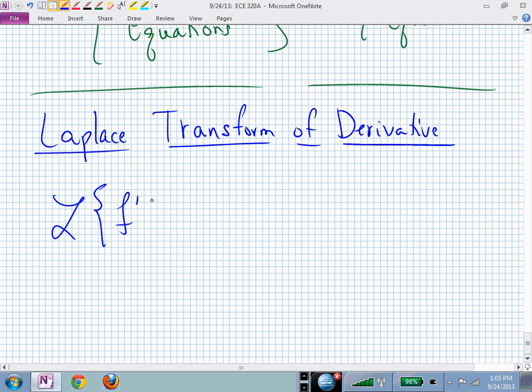Notationally, I'm asking what happens if instead of f of t inside the curly brackets, we have its derivative. We're going to show that that is actually this complex frequency variable s times the Laplace transform of f of t, minus f of 0 minus.